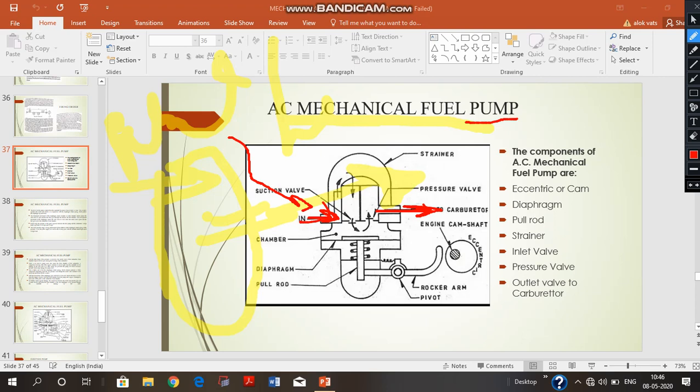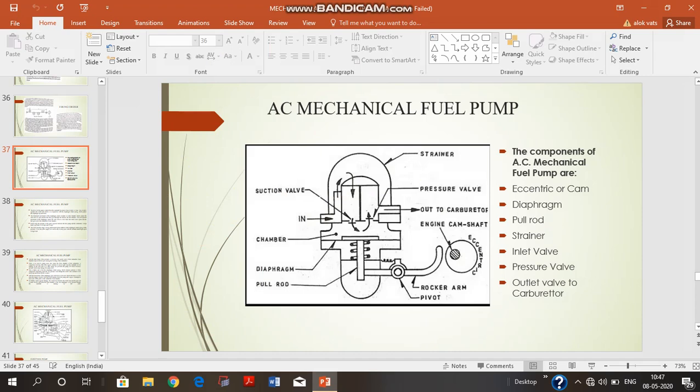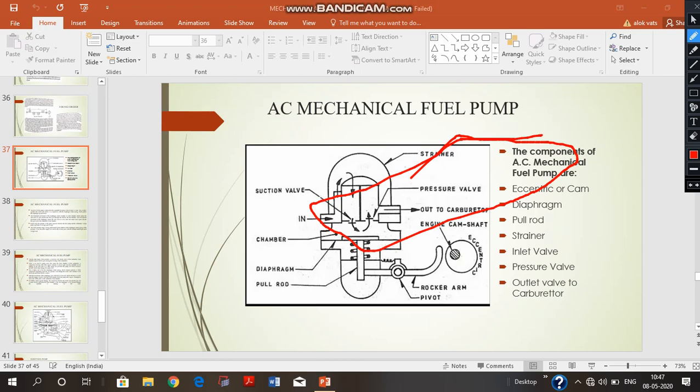Now, what is the reason for increasing the pressure? The reason is that sometimes, due to the design of the vehicle, the fuel tank is at the back side of the car, while the carburetor or the engine assembly is located at the front portion of the vehicle.